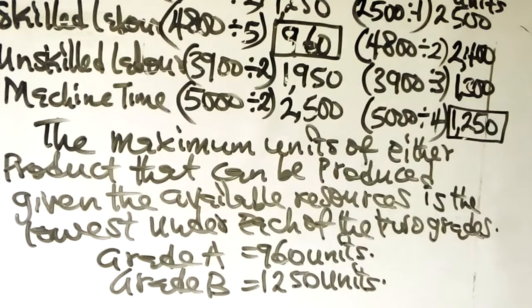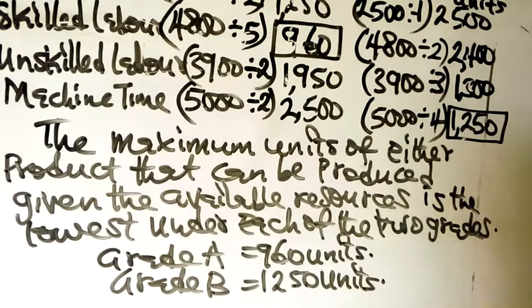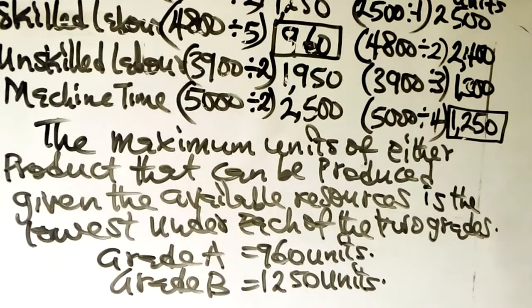Remember, you can only produce one of the products and not both. So, which of these products will fetch you more contribution? You want to know the one to recommend. You cannot produce both, remember. So, you want to know the one that will fetch you the highest contribution.